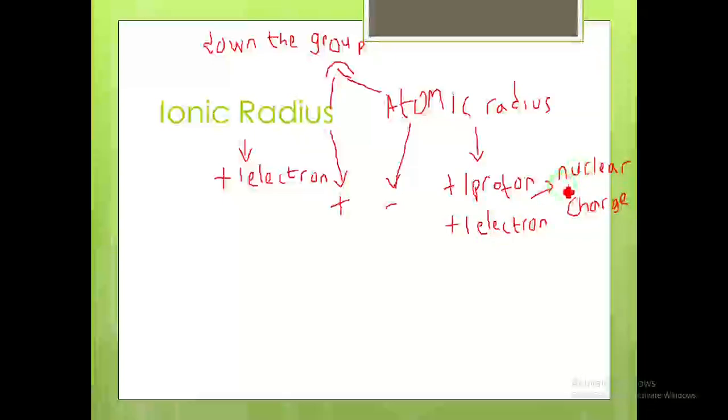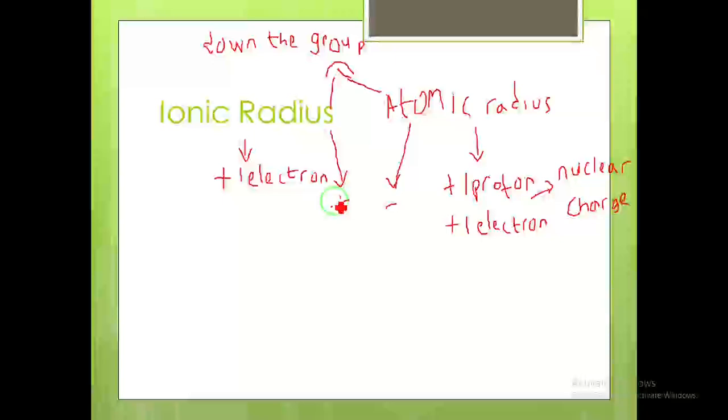It increases the nuclear charge because plus and minus, just like electricity, more attraction. But since you only have an electron without a corresponding increase in proton, the reverse is the case. It's just an extra electron, no corresponding increase in proton. So the size increases because there is no corresponding increase in nuclear charge.